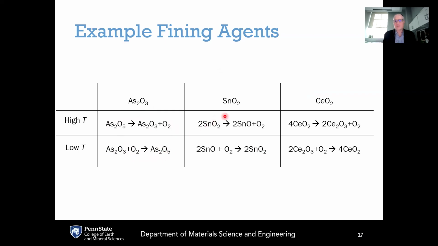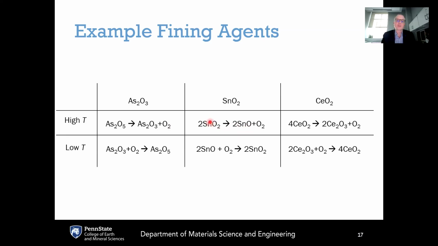A more commonly used fining agent now is tin oxide. This is also a very effective fining agent and is non-toxic. Tin oxide exists in both an oxidized state, SnO2, so that would be a 4+ cation for tin, and also tin 2+, which is SnO.